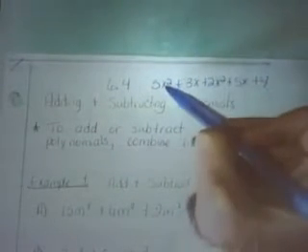Your like terms are going to be your letters that have the same exponents, so x squared and x squared would be a set of like terms. And then your 3x and 5x would be another set of like terms, and then that leaves you with just your 4.